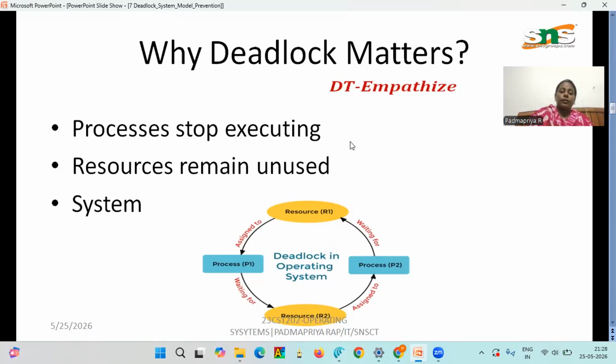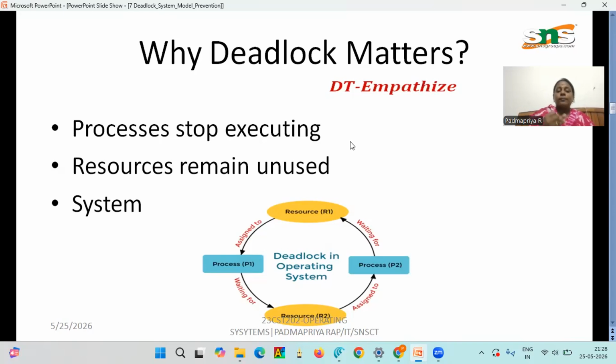How it comes is, if process P1 releases the resource R1, then process P2 can execute. At the same time, if process P2 releases resource R2, then only process P1 can access resource R2.